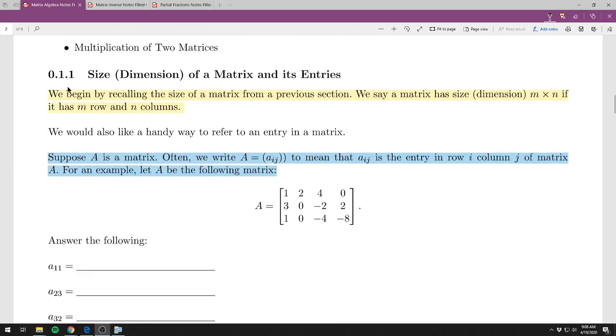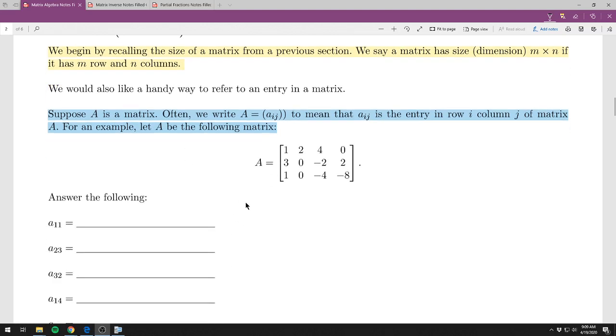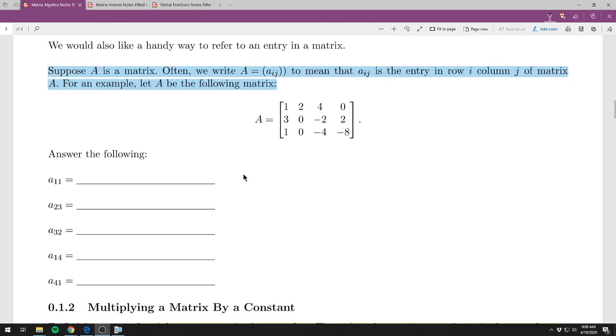All right, so just as a very quick reminder, we say a matrix has size or dimension m by n if it has m rows and n columns. Now there could be a use for you to be able to refer to a specific entry in a matrix, and this little section here is how we do it.